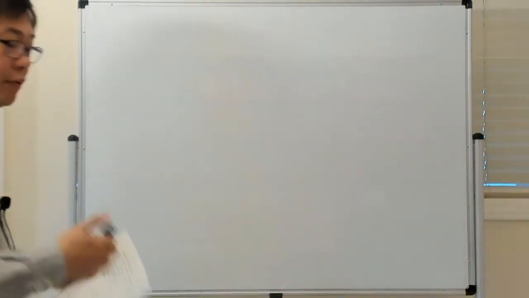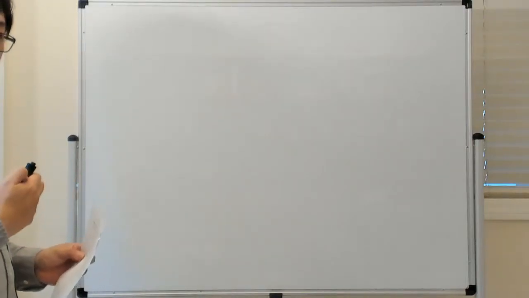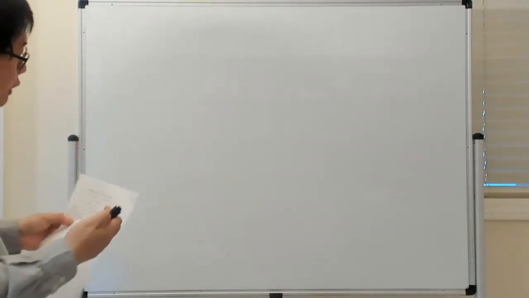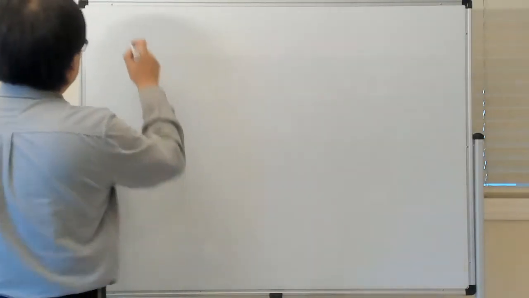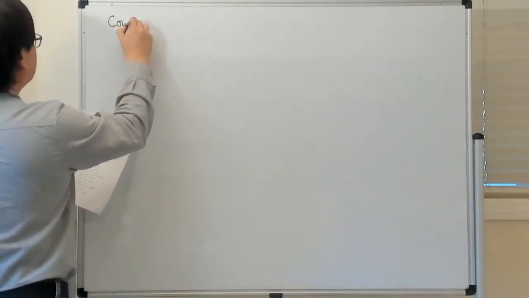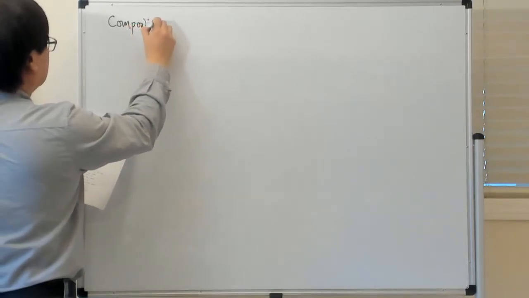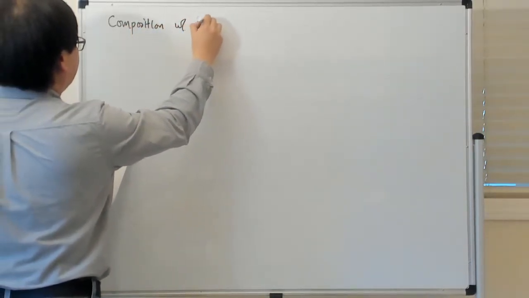Okay, so now let's consider composition methods, but where you allow yourself to compose both the underlying one-step method as well as its adjoint. So we look at composition with the adjoint method.